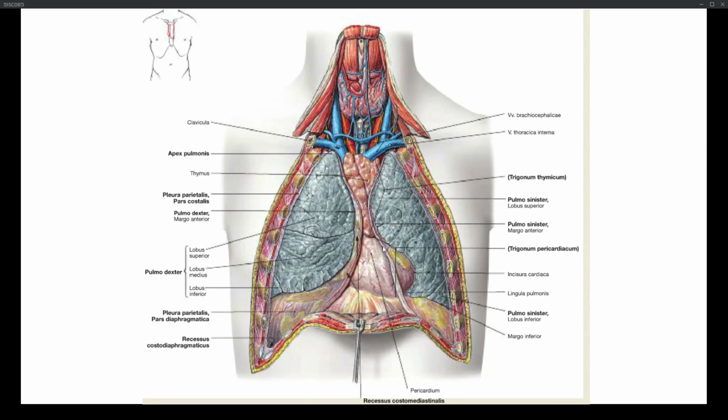And this is specifically the case here because of the so-called cardiac dullness. If you breathe in, your lungs will inflate and push themselves up to the front of the pleura parietalis, so over here, but they won't go any further. So the trigonum pericardiacum will still be free. So you can examine where the lungs will stop by doing a percussion.